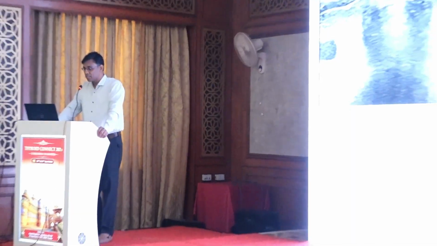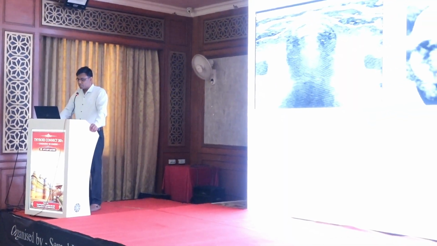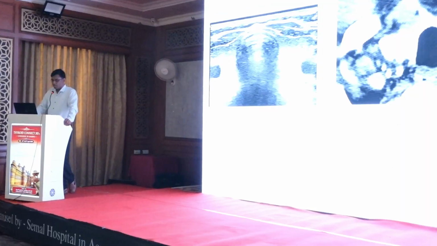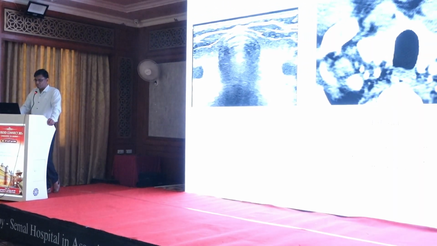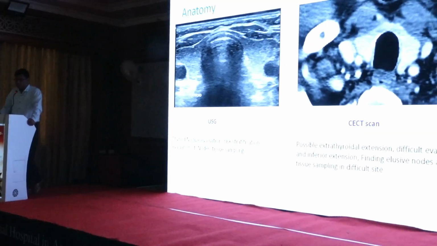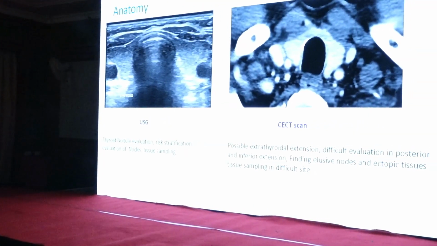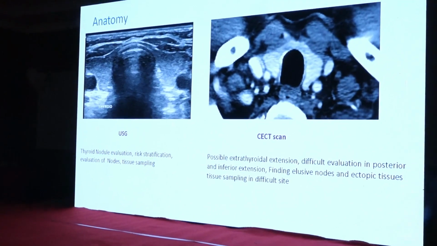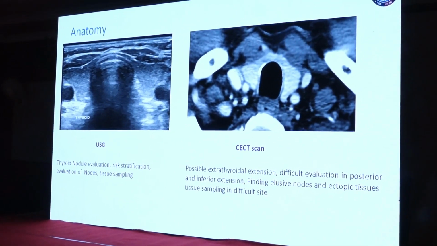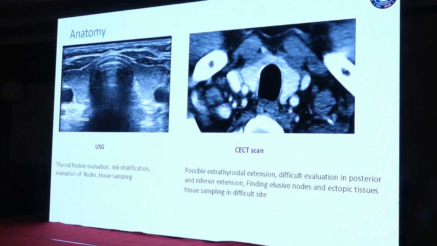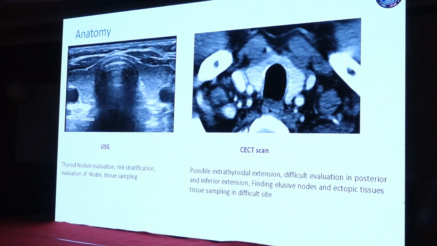CT scan is needed when we suspect an extrathyroidal extension, and when there is difficult evaluation on ultrasound, whether of the posterior or inferior extent, in finding the elusive nodes that are not seen on ultrasound, and the ectopic tissues in difficult sites and locations. So these are the two broad differences between these two imaging modalities.